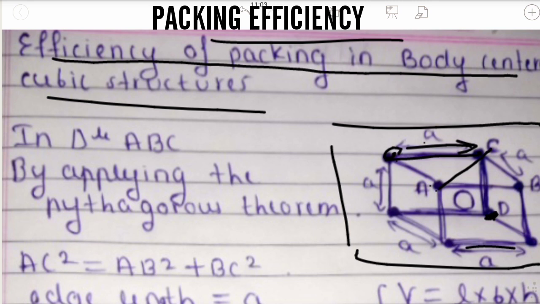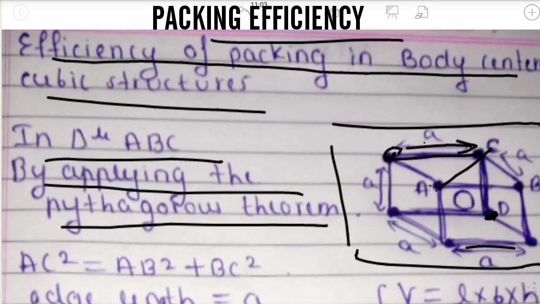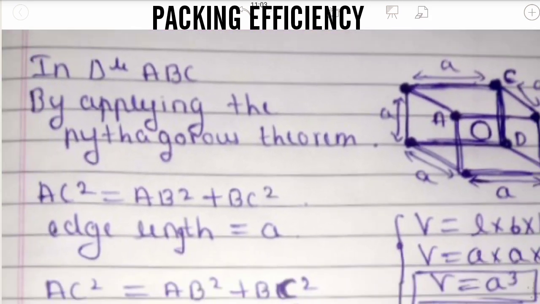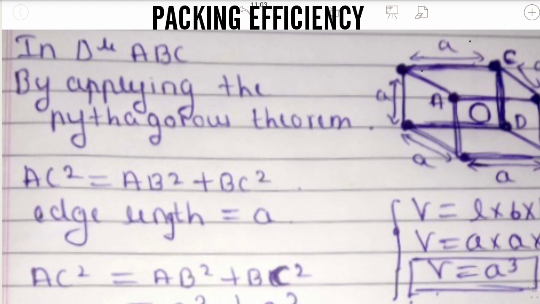We can apply the Pythagoras theorem to find the value of AC square. In triangle ABC, by applying the Pythagoras theorem, AC square is equal to AB square plus BC square.